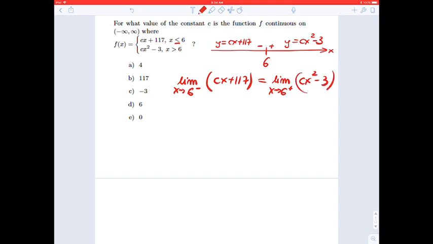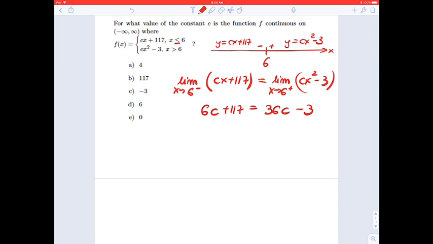I see a nice linear function on the left, a quadratic function on the right hand side, no ratio, no zeros in the denominator. I have no problem, I can use just direct substitution. 6 times c, 6c plus 117, and then 6 squared, which will be 36c minus 3. Nice equation, we can solve for c.